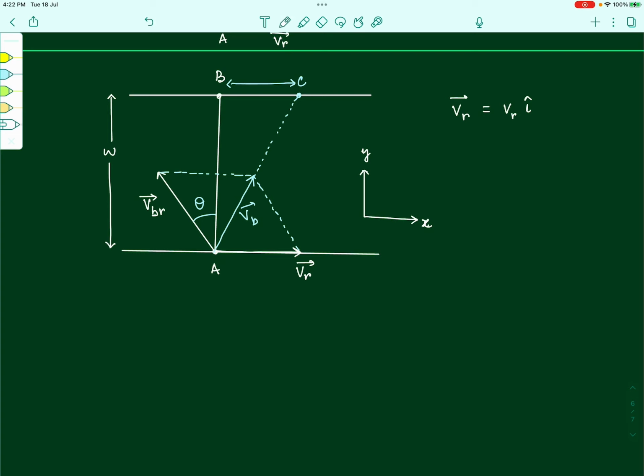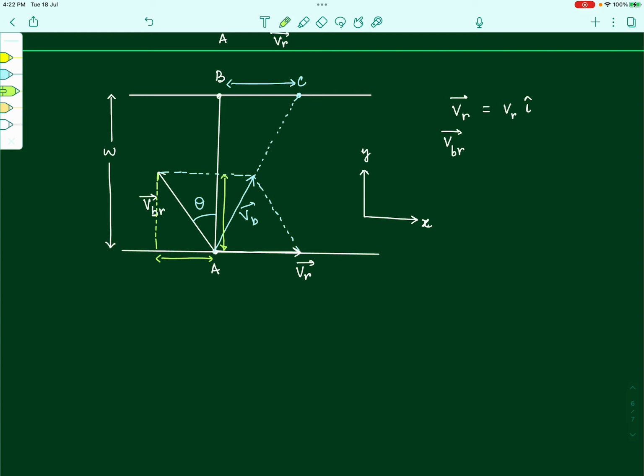Now, we write the velocity of the boat with respect to the river in its component form. See that the boat with respect to the river is in this direction, and we take its components. One component is this length, and the other component is this length.